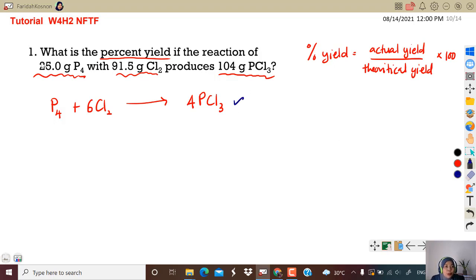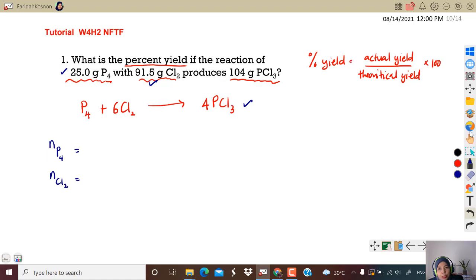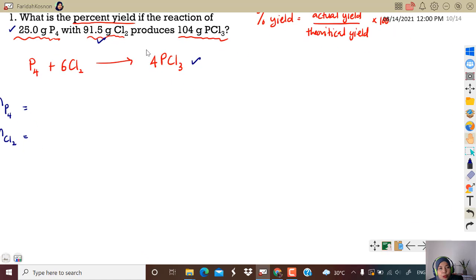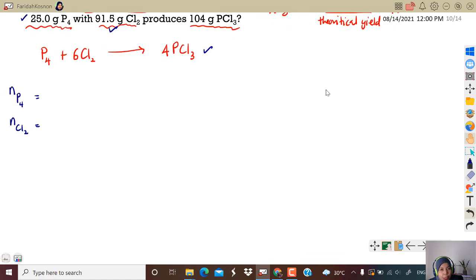Okay, so since we have the mass of each reactant, find the mole of phosphorus and mole of chlorine gas. So yang ini saya tak tunjuk jalan kerja lah. Sepatutnya you boleh gunakan molar mass even in my link yang saya dah beri. Okay, gunakan molar mass tersebut, cari mole bagi setiap reactant.